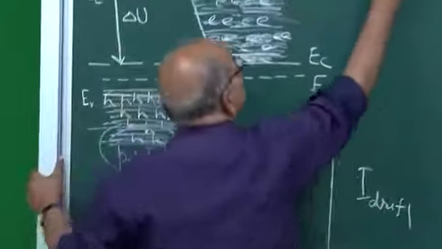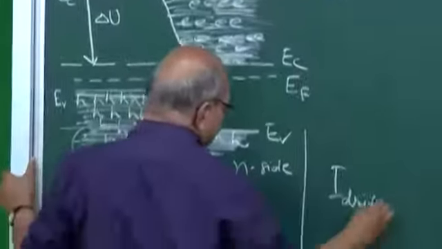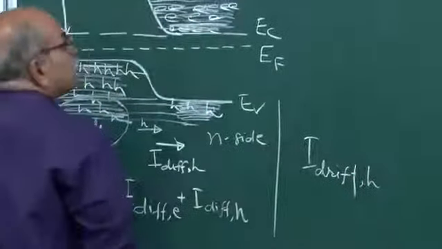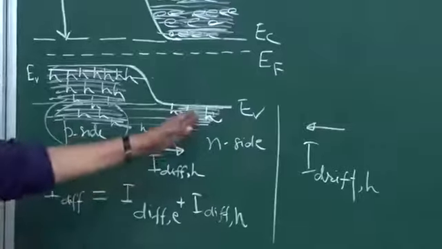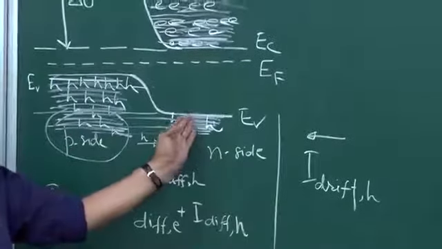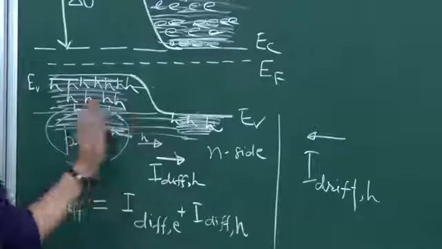This I drift is because of the electrons, and this I drift is because of holes, and that is also going right to left because holes are positively charged. So holes are going from this side to that side. So that is also the current direction.